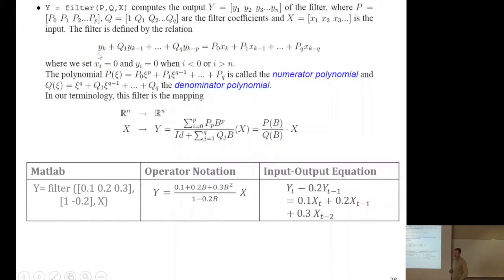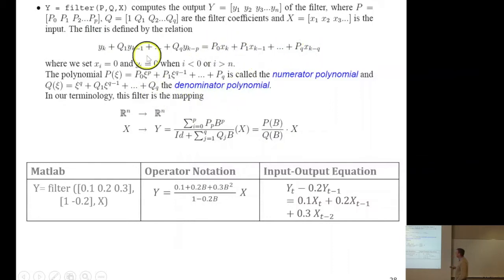When we use an ARMA filter, it means that the output, little y, depends on the input through this equation here. We must have that the first coefficient is non-zero, so very often we set it to 1, although in MATLAB it's not enforced. It doesn't have to be 1, but if it's 0, you'll have an error, hopefully. So here I set it to 1, and this is therefore the equation I have here.